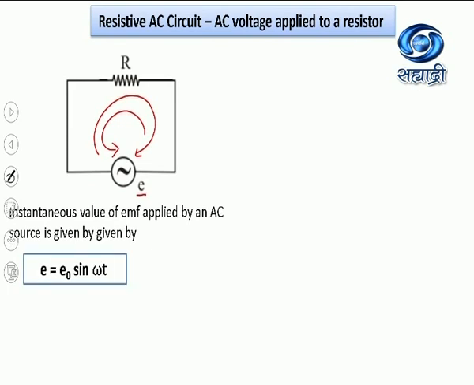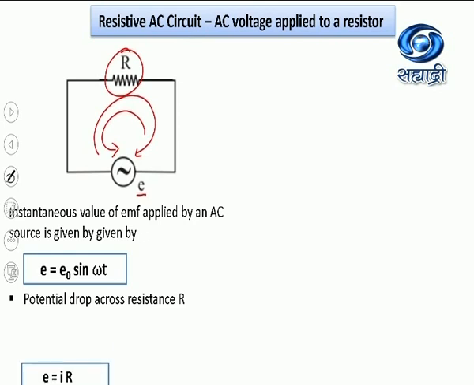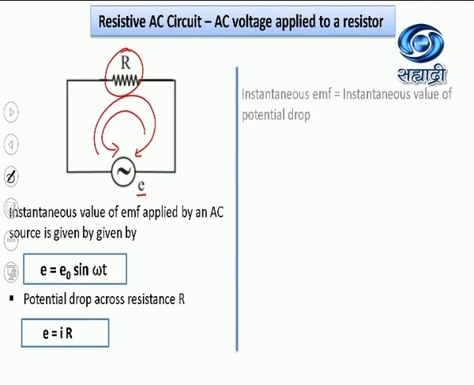The instantaneous value of EMF applied by an AC source is given by E equals E naught sin omega t, where E naught is the peak value of the voltage. This entire voltage will be dropped across the resistor, so the potential drop across the resistor, according to Ohm's law, is E equals I into R.